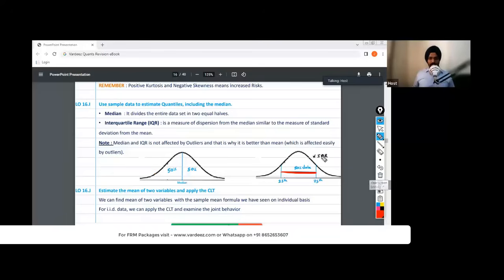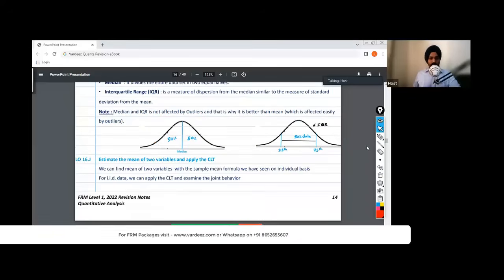So that's what the interquartile range tells you. It studies the middle 50% of the data. Note, median and IQR are not affected by outliers, which is why they are better than the mean, which is easily affected by outliers. So that's the reason we prefer to use the median.